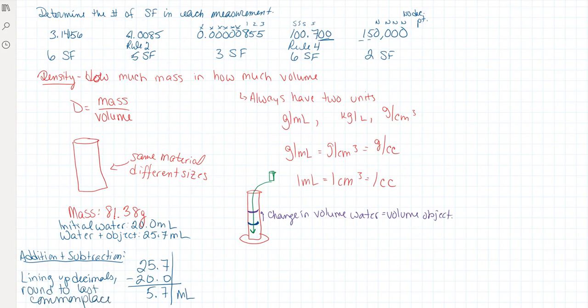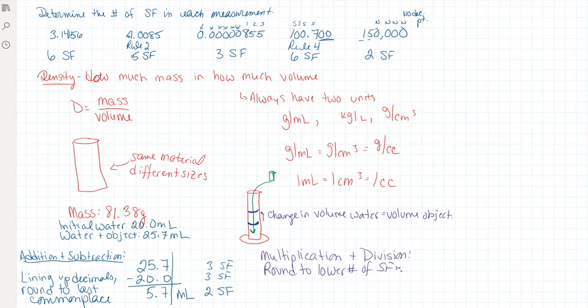When my measurement started, I had 3 significant figures in each measurement, but the difference between the two ended me up with 2. So it's very possible that you can see the number of significant figures change during an addition and subtraction setup. The second potential set of operations you can see is multiplication and division. And in this case, I round to the lower number of sig figs.